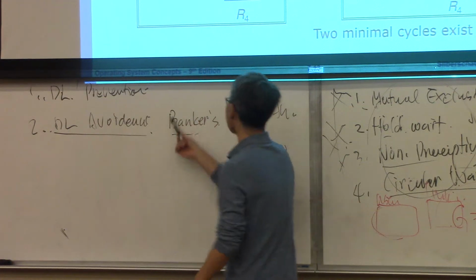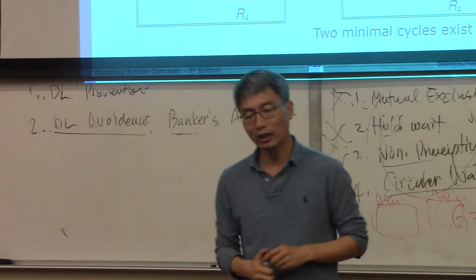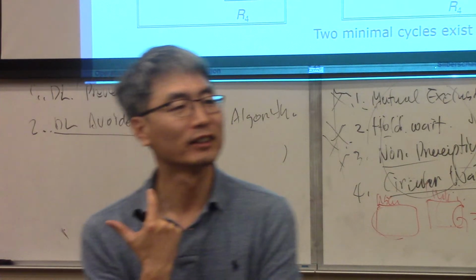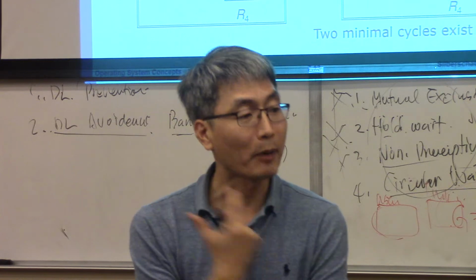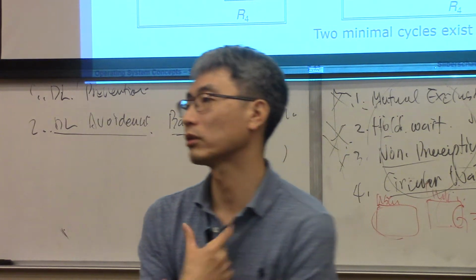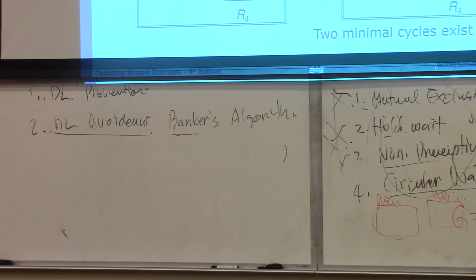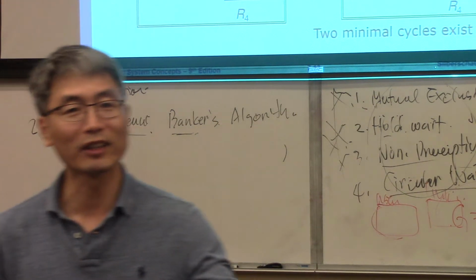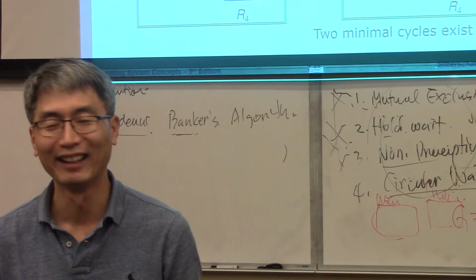But the banker's algorithm, what do you think is the basic mechanism of a bank? You deposit the money, then withdraw. Then how does the bank make a profit?